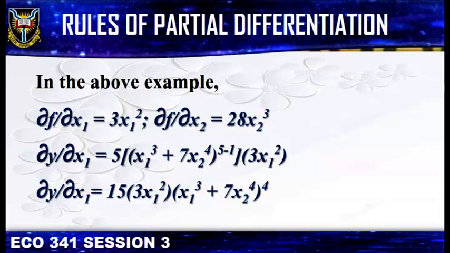Partial dy over partial dx1 is equal to 5 (x1 cubed + 7x2 raised to power 4) raised to power 5 minus 1 times (3x1 squared). Partial dy over partial dx1 is equal to 15 (3x1 squared)... 15 times x1 squared times (x1 cubed + 7x2 raised to power 4) raised to power 4.